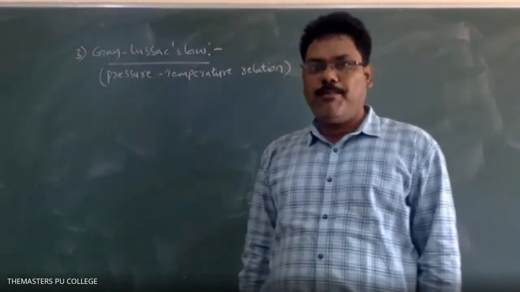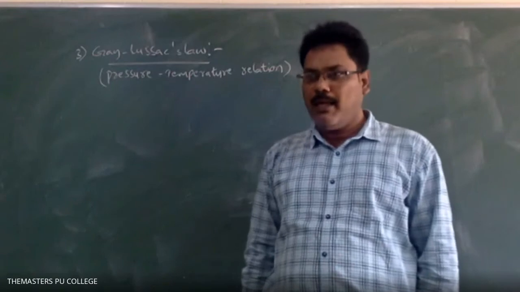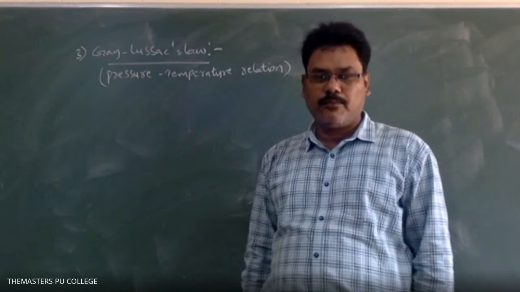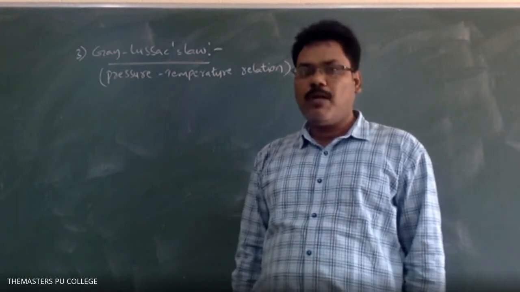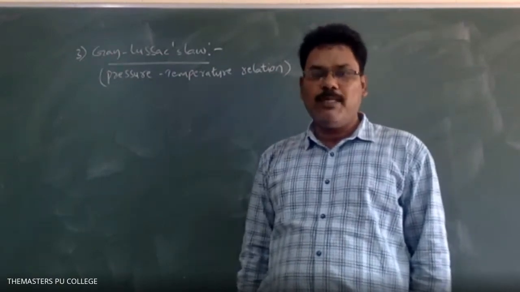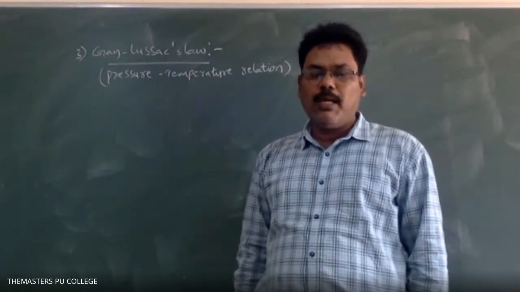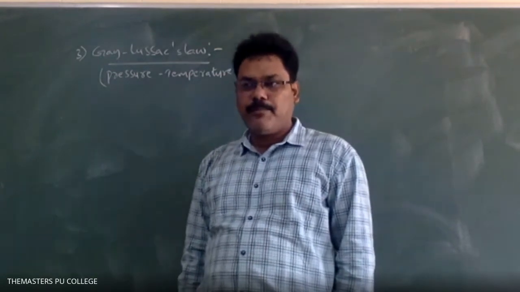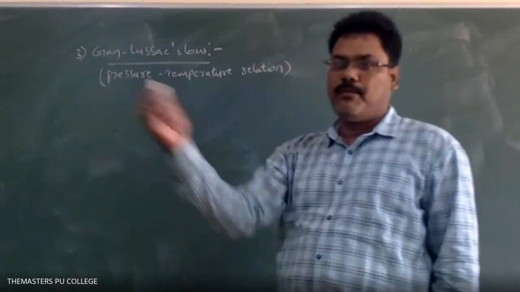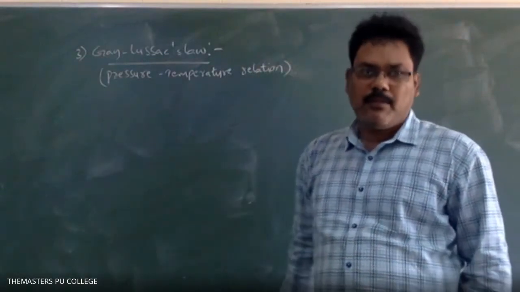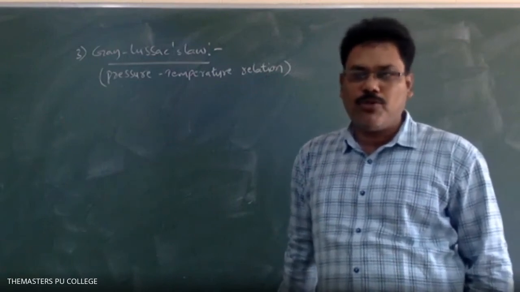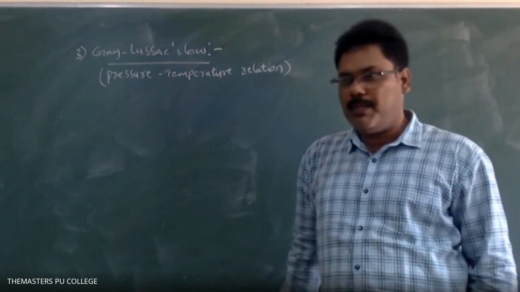So now let's see that for a fixed amount of gas, the pressure is directly proportional to absolute temperature. For a fixed amount of gas, the number of moles n is constant, so volume is constant. The pressure of the gas is directly proportional to its absolute temperature.